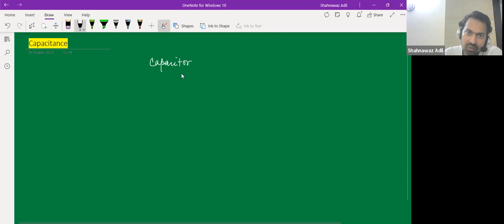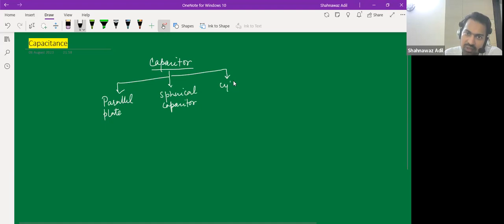One is the parallel plate capacitor, then the spherical capacitor, and then the cylindrical capacitor.